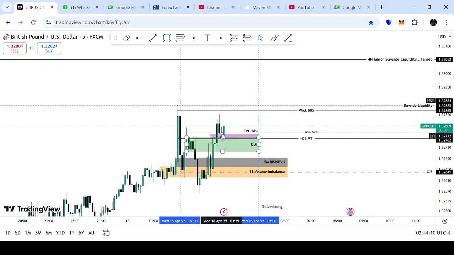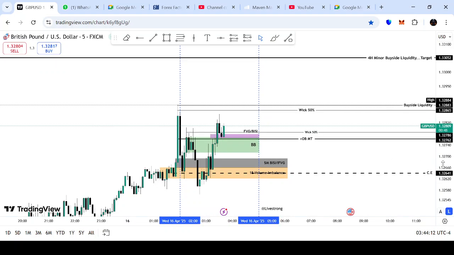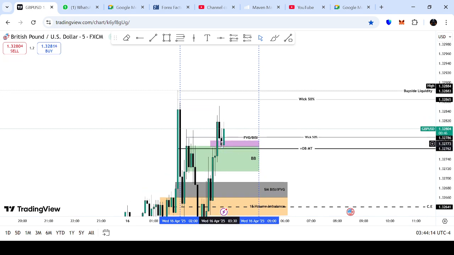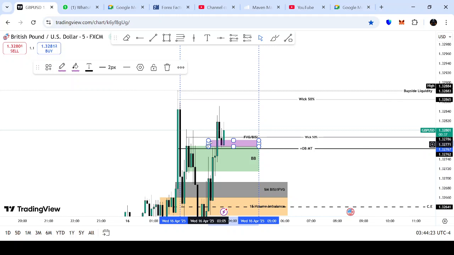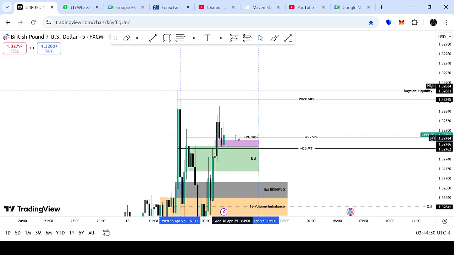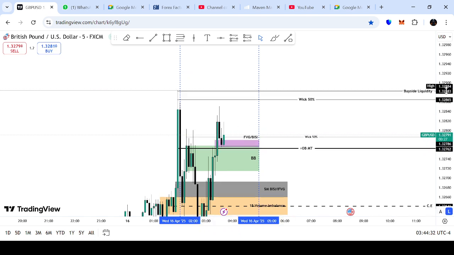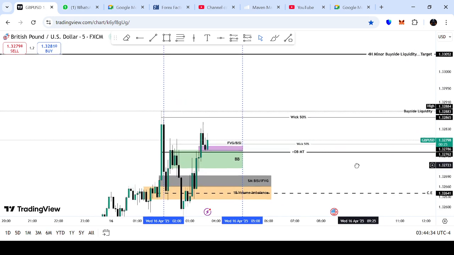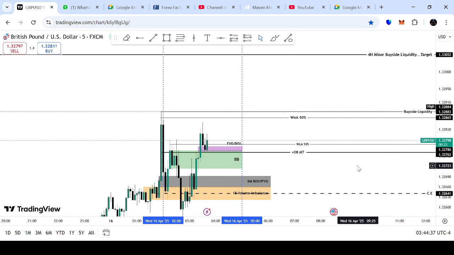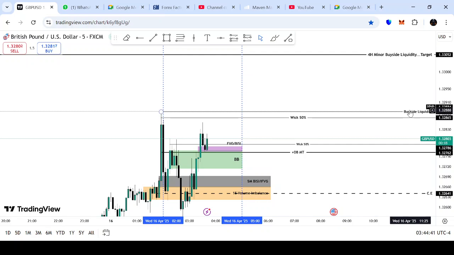There's price action at the fair value gap there. The body closed inside, it didn't close outside there. You can see the fair value gap there. Let's try run up here.